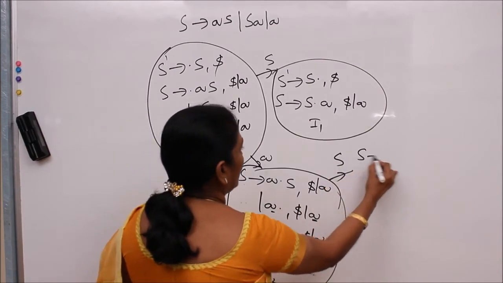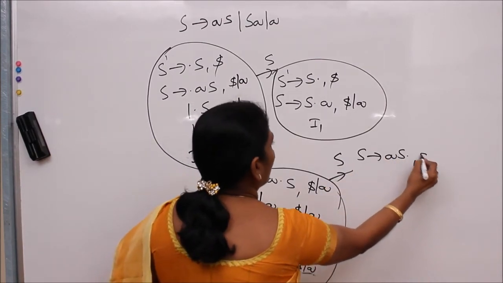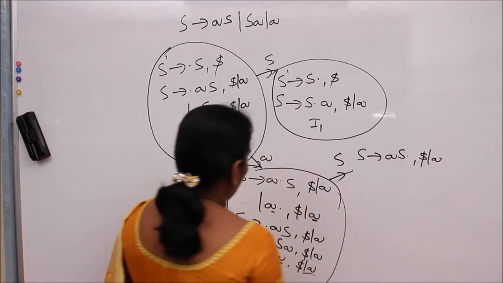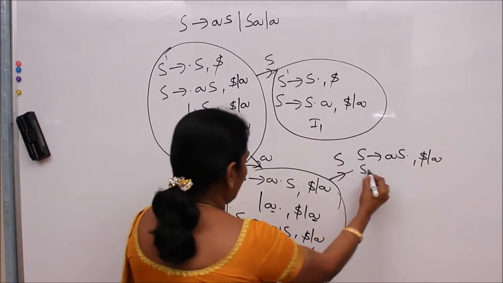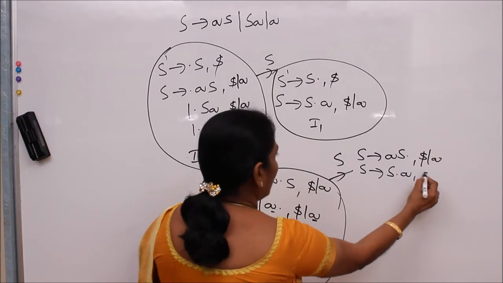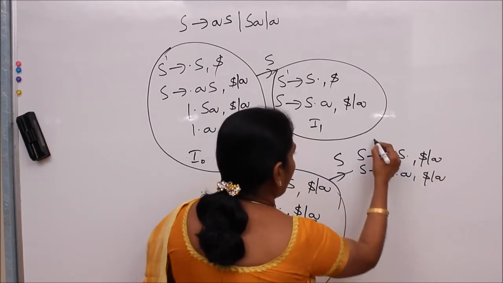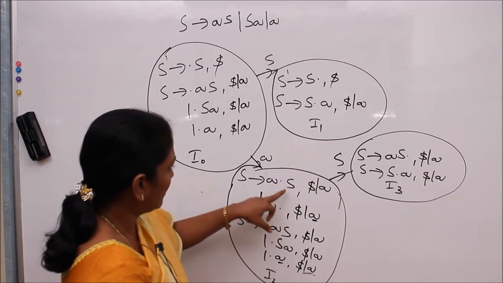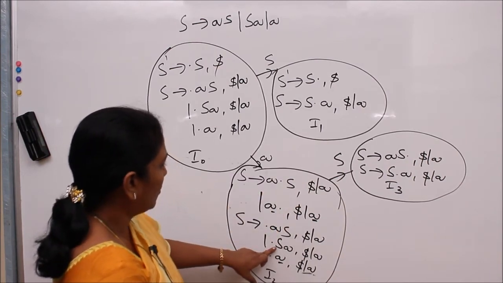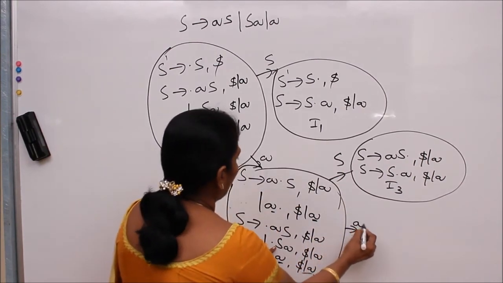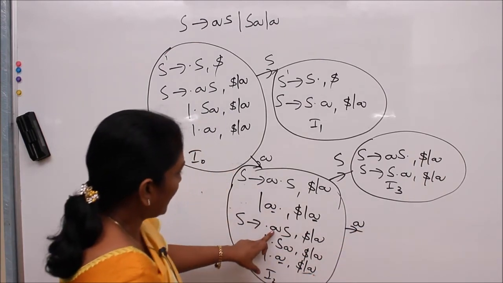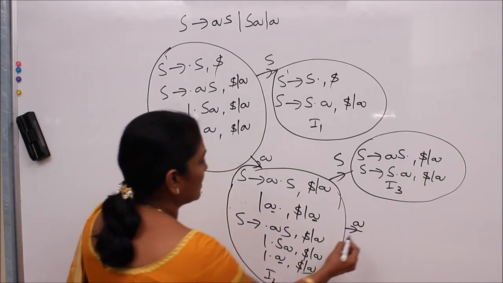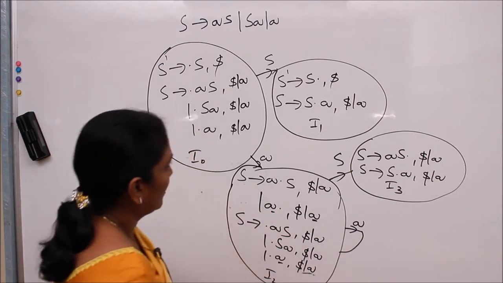On S, S to AS dot. Here also S to S dot A. This is I3. On S it is this one and this one. Now on A what happens? Here it matches, so it gives A dot S, which is nothing but the same state.